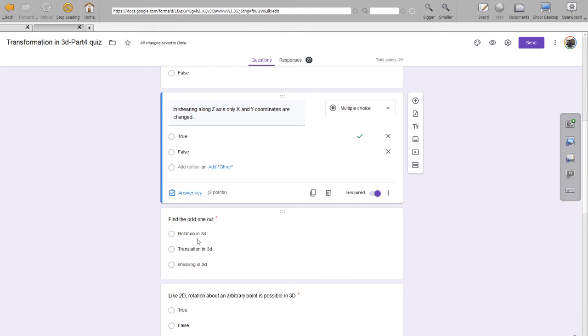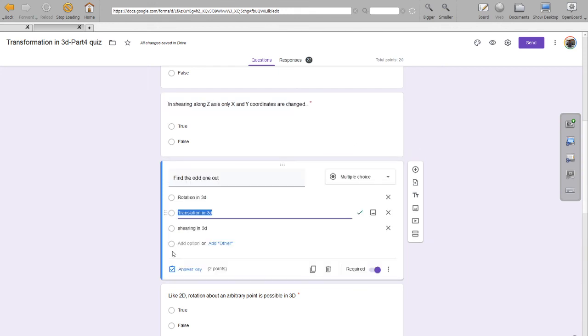For rotation, rotation with respect to x-axis, rotation with respect to y-axis, and rotation matrix with respect to z-axis. Similarly, for shearing, as we have done today, you need 3 matrices, but for translation in 3 dimensions, you need only 1 matrix. So the odd one is the second option, that is translation in 3D.